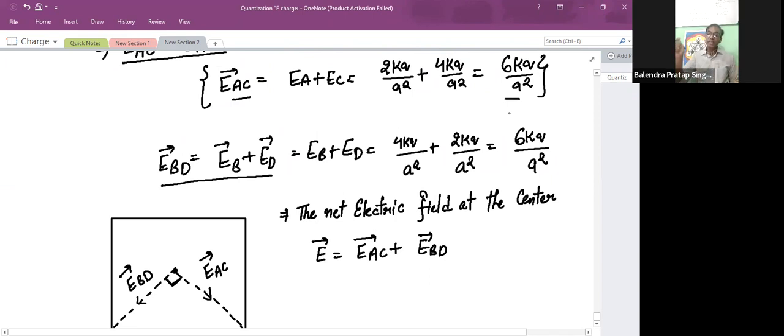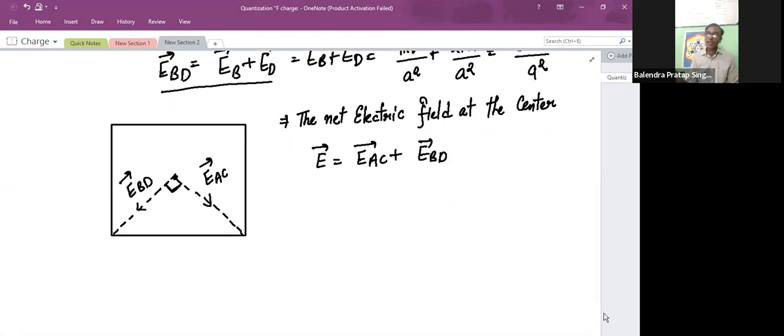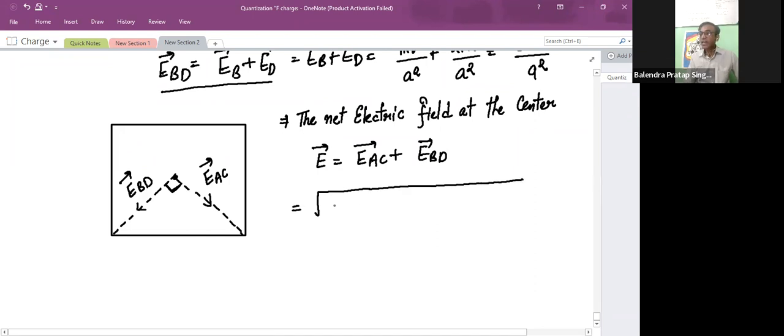The angle between EAC and EBD is pi by 2, and we have to deal with it the same as the addition of two vectors. So if I apply the formula for the addition of two vectors, it says the magnitude of EAC whole square plus magnitude of EBD whole square plus 2 EAC EBD cos theta.